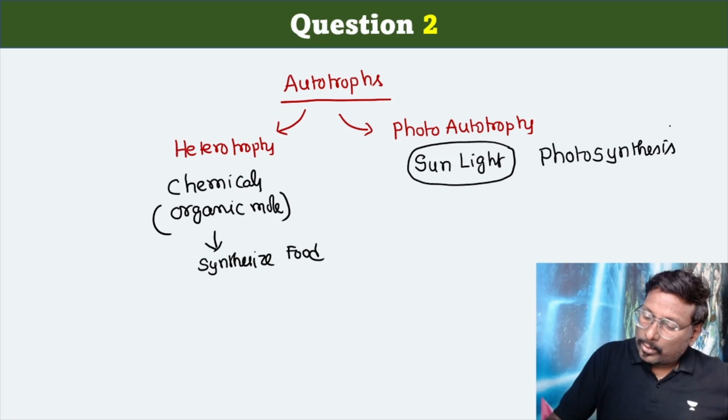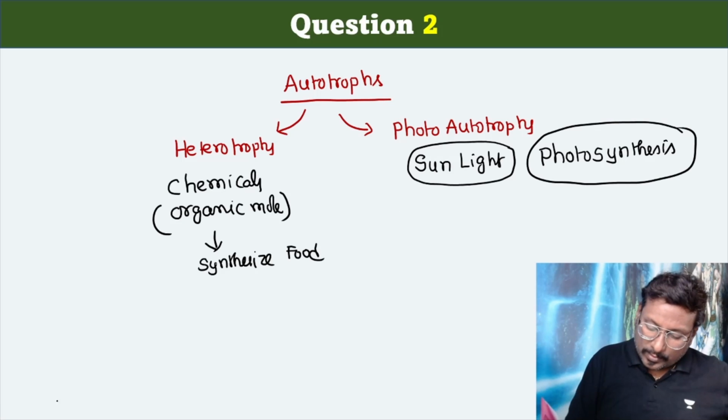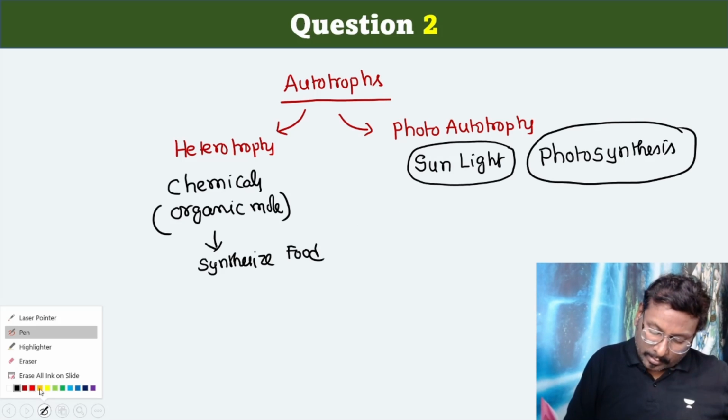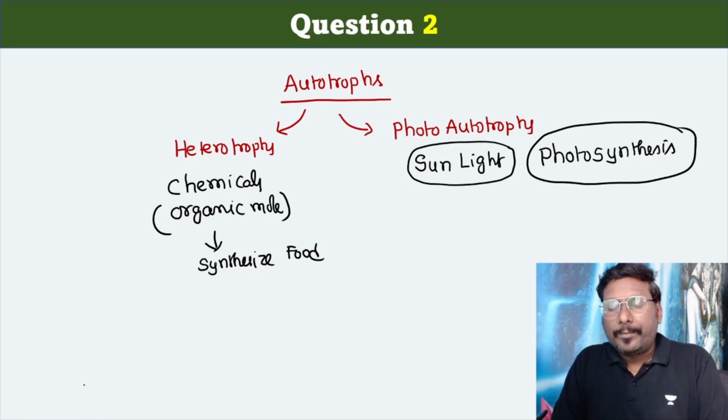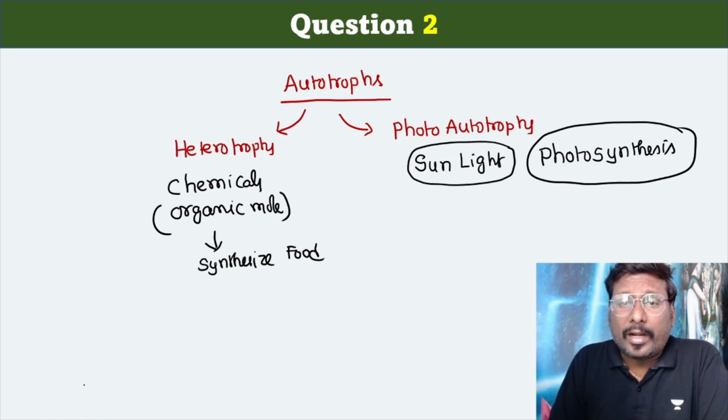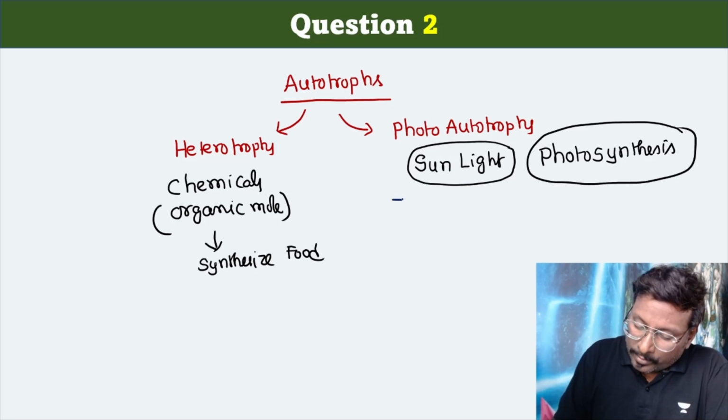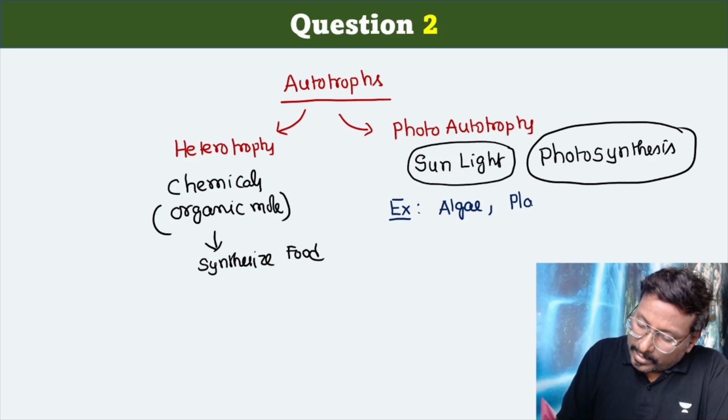In photoautotrophs, photosynthesis is the process for synthesis of food. फोटोऑटोट्रोफ्स में क्या हो रहा है? फोटोसिंथेसिस हो रहा है. Example: algae, plants, cyanobacteria, which is called blue-green algae.